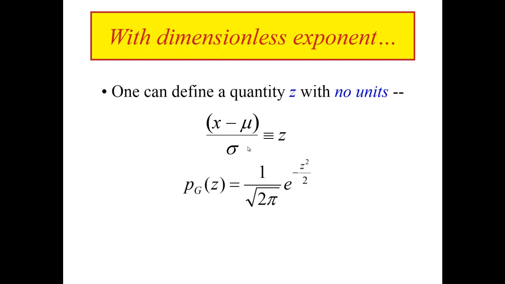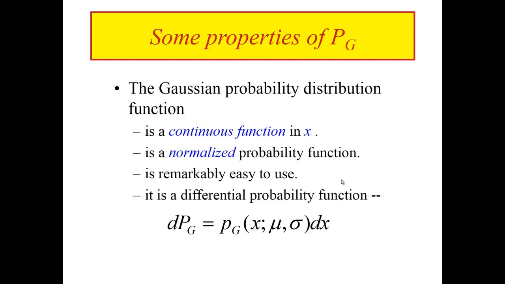If we do that with z, the functional form becomes a little bit simpler, and with the dimensionless variable z involved, we have 1 over root 2 pi times e to the minus z squared over 2. Again, this has the nice property that if we integrate over all the values of z, which represents the outcome of our experiment because it's related to the actual measurement x, we get 1.